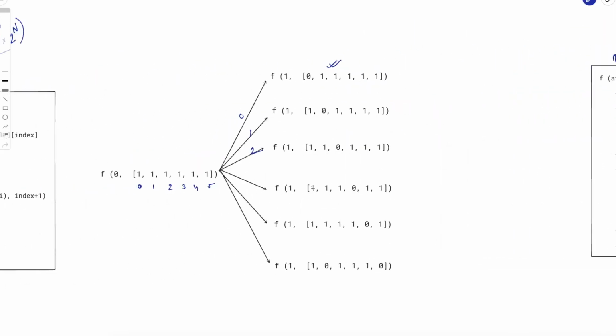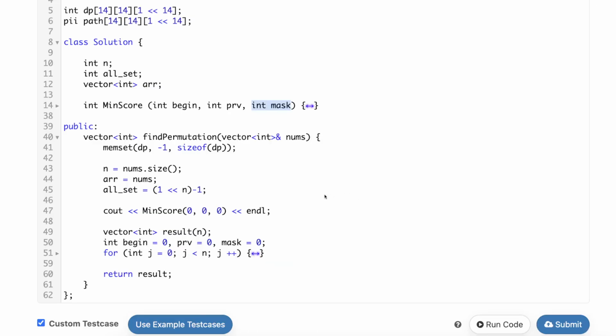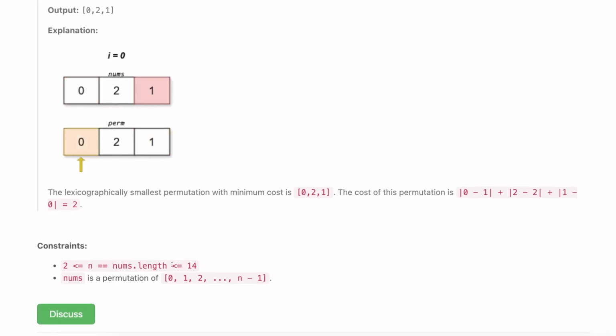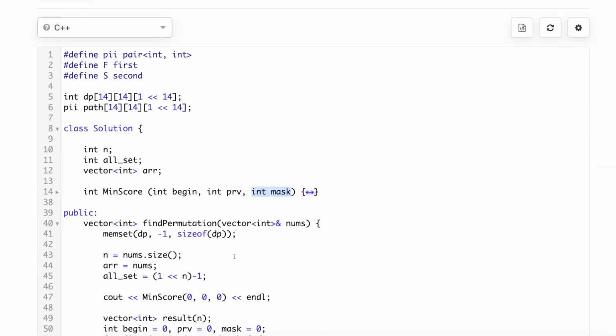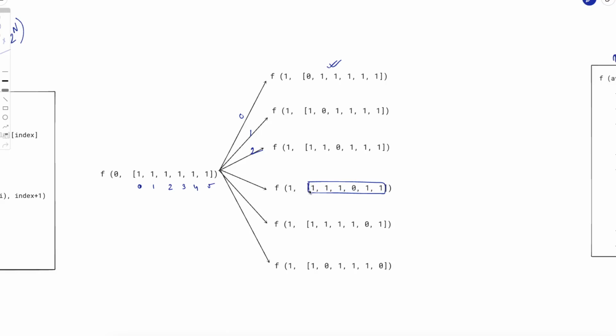You can see that this is a boolean array, right? And the number of elements in this array would be less than or equal to 14, right? So you have at most 14 such ones and zeros, and an integer has 32 bits.